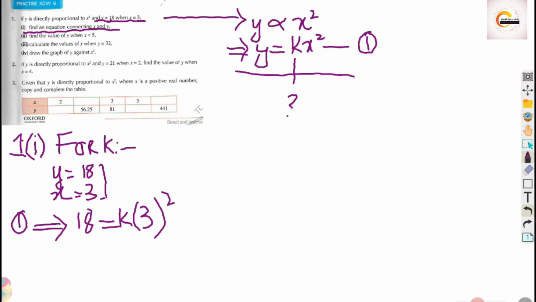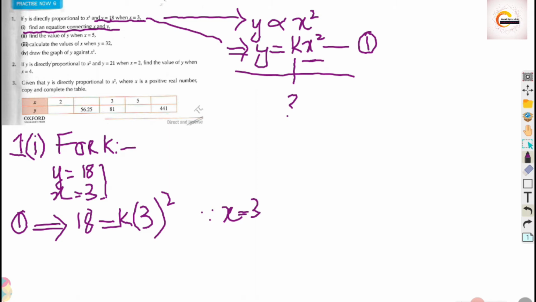We can see that here y is directly proportional to x square and the value of x is given to us, that is 3.